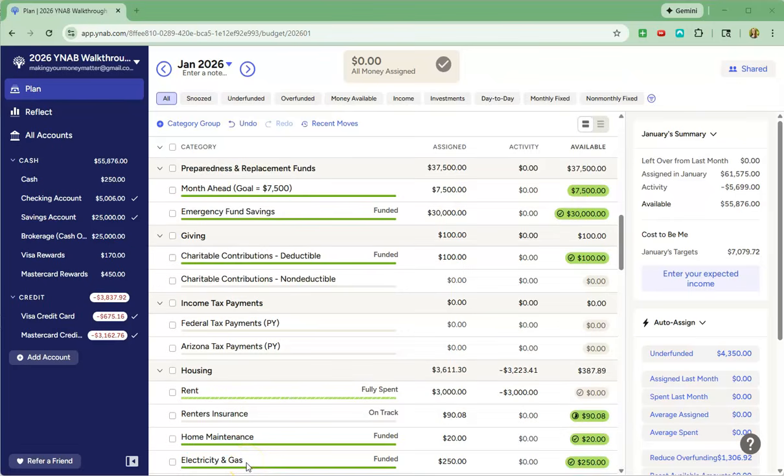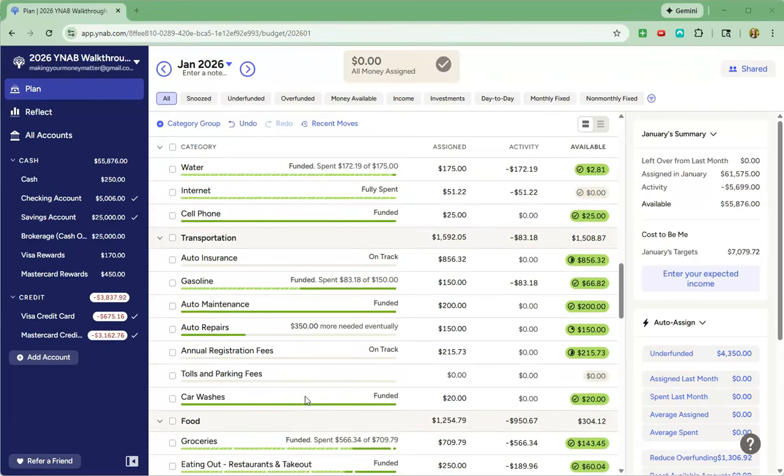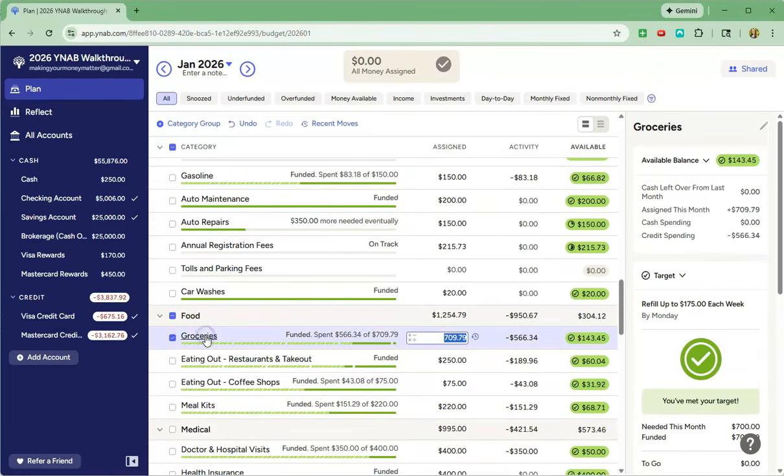Looking at targets, I have targets on each expense category, and I almost exclusively use the set-aside target type instead of the refill up to. Most of my targets are monthly or annual set-aside targets. There's just a few categories that I set up as weekly set-aside categories. Some of these are my groceries, eating out restaurants, and allowances for my kids.